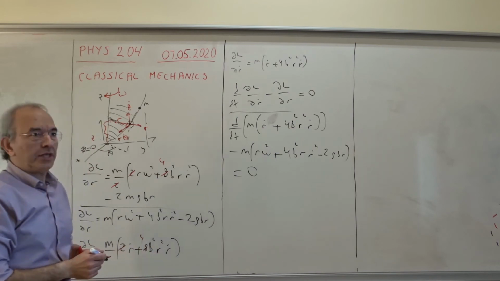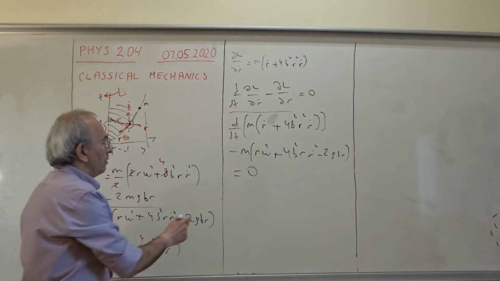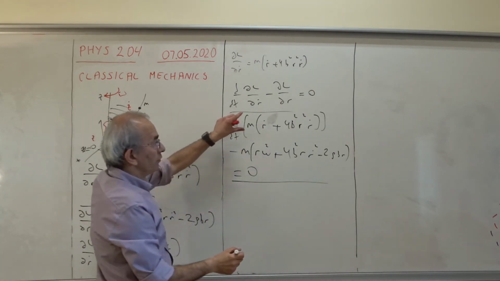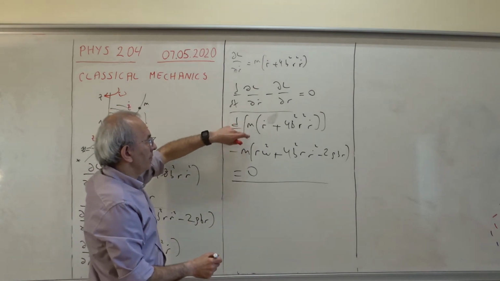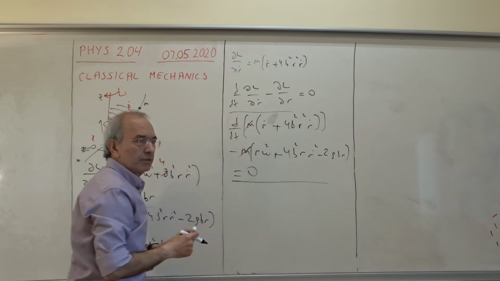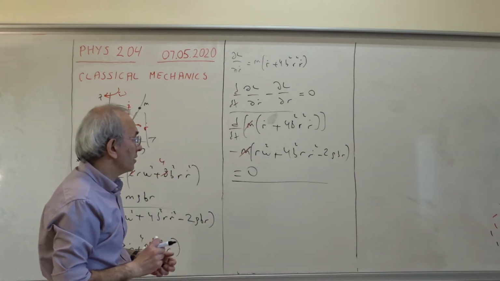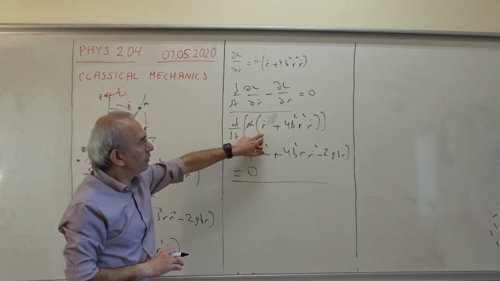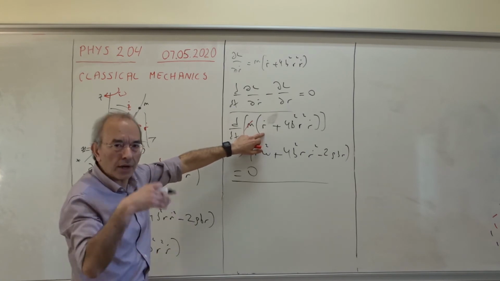That will be 0 at the end. Now, let's take the time derivative of the first line, m. So we can cancel the m's first of all. If you take this thing, it will be r double dot.